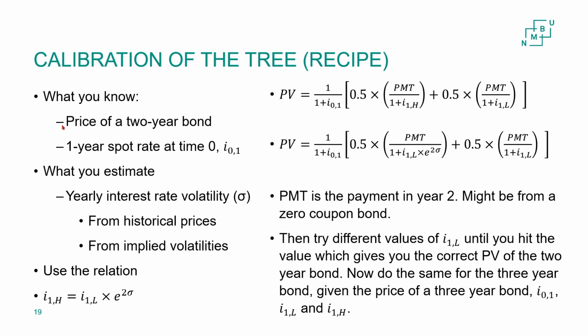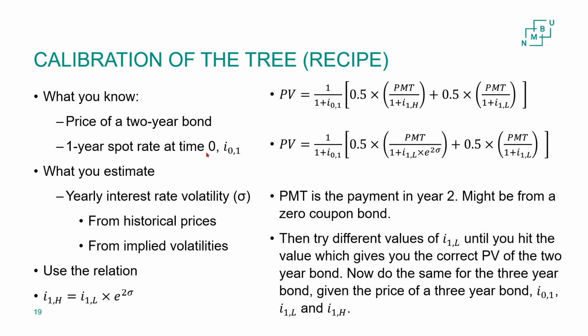But the principle is just transferable to other periods, okay? So what you do know is the 1-year spot rate, because the par rate and the spot rate and the implied forward rate for 1 year, they are equal, okay? And you know this at time 0.